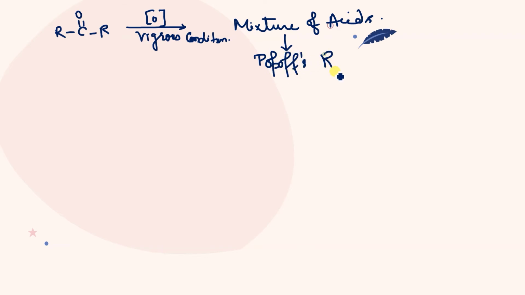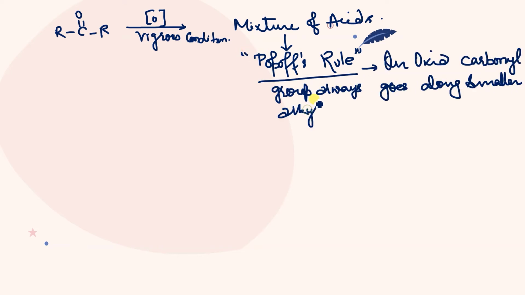Okay, Popov's rule. Popov's rule says that on oxidation, the carbonyl group always goes along with the smaller alkyl group. Okay, so let's see the example. Like this is CH3, CO, and C2H5. So in this case, this one is the smaller alkyl group, and this one is the higher alkyl group.